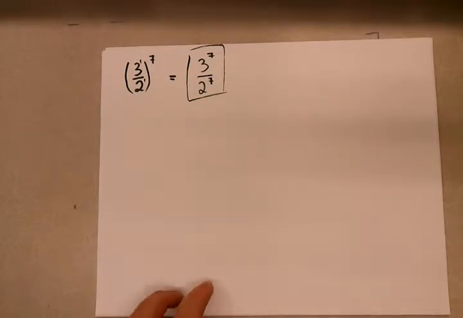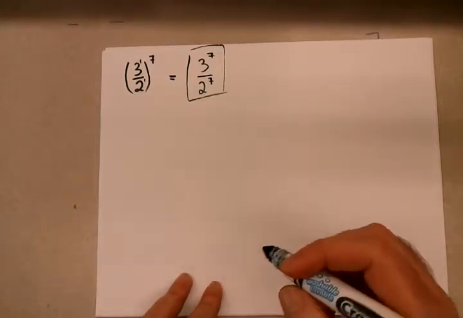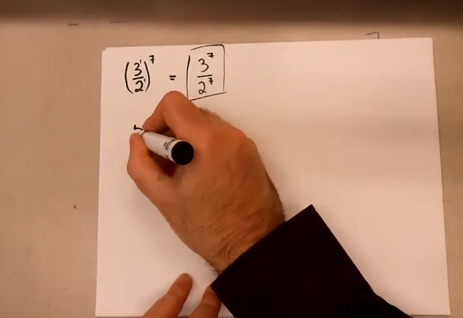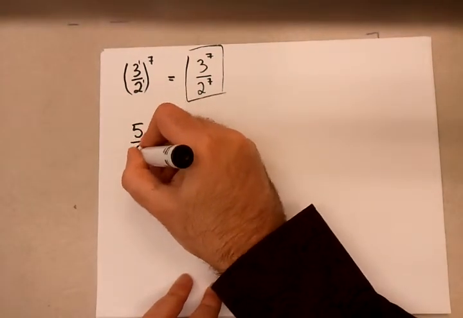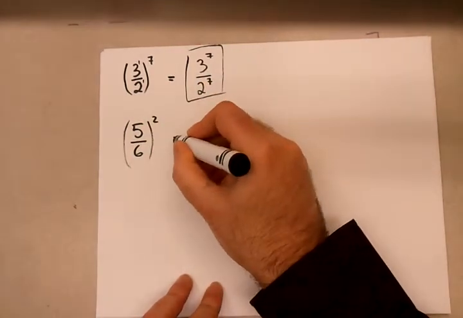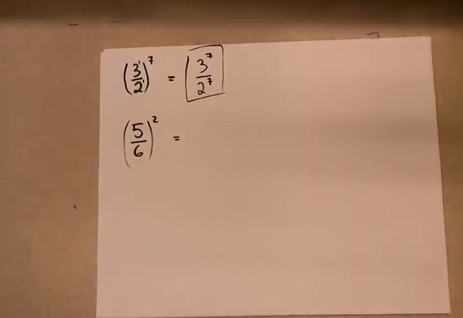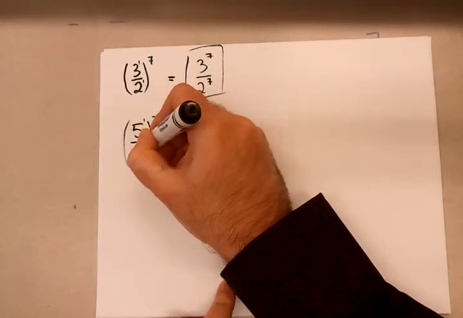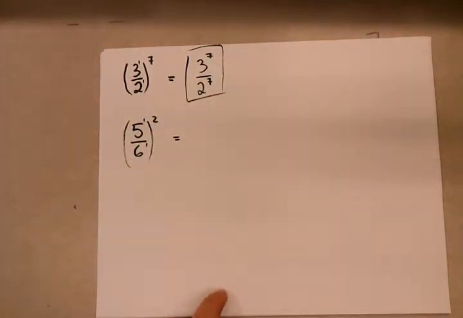Let's do another example. Let's take a look at this problem right here. 5 over 6 all squared. Just like before, this is a power of a quotient, which is very similar to the power of a power. Each of the bases here, the one in the numerator and the one in the denominator, the 5 and the 6, have a hidden exponent of 1.